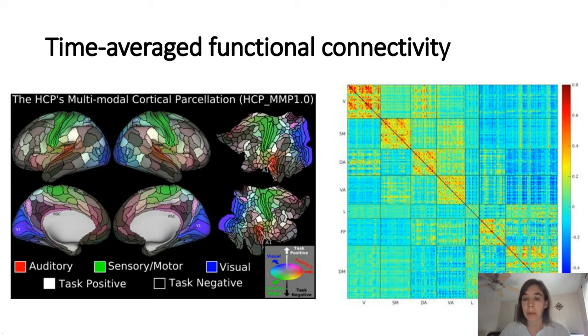And of course, the signal of an area is highly correlated with itself, so you see that along the diagonal. But you can also see these blocks of correlation where our parcels have been organized into networks that exhibit high correlation within the networks, and then you can also see interactions between different networks in these blocks off the diagonal, where some networks work together and are correlated, and other networks go in opposition to each other and are anti-correlated.